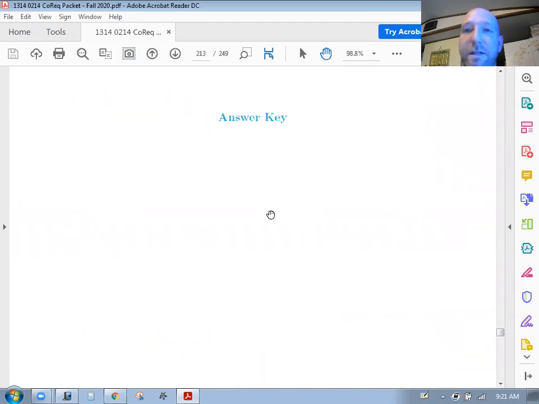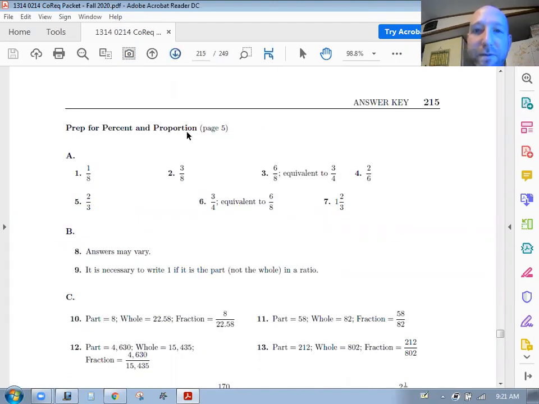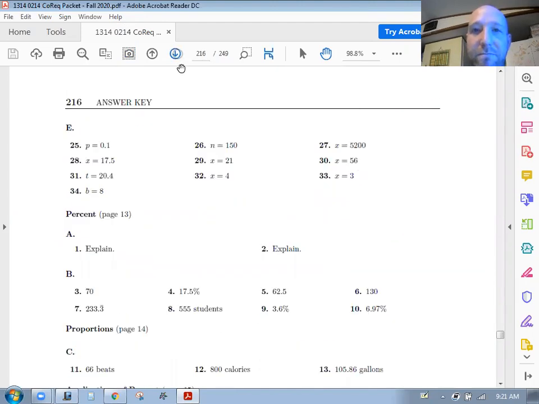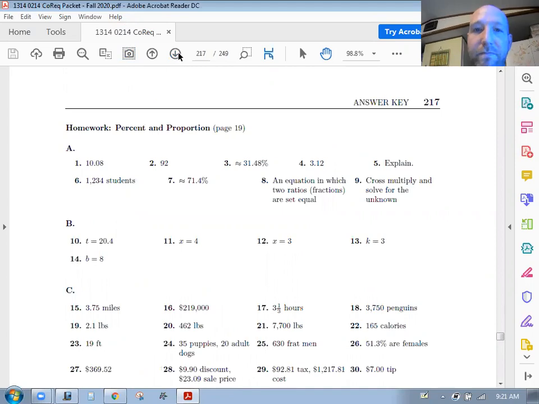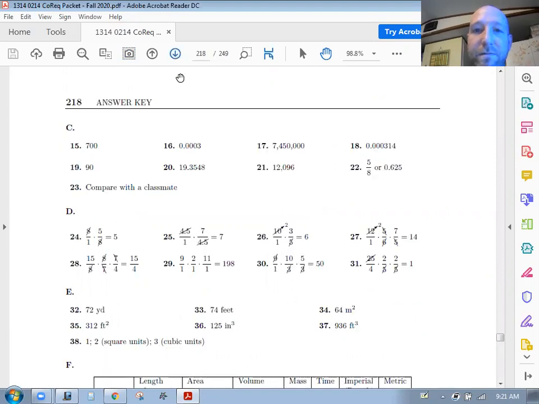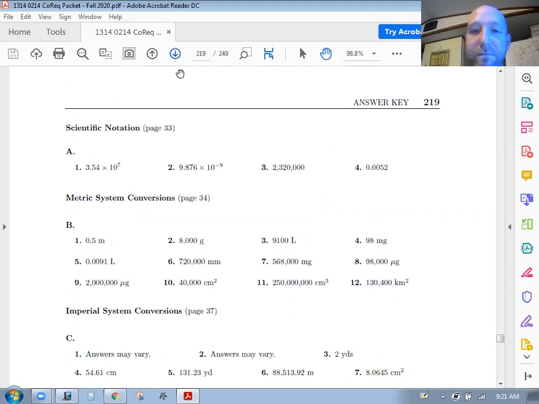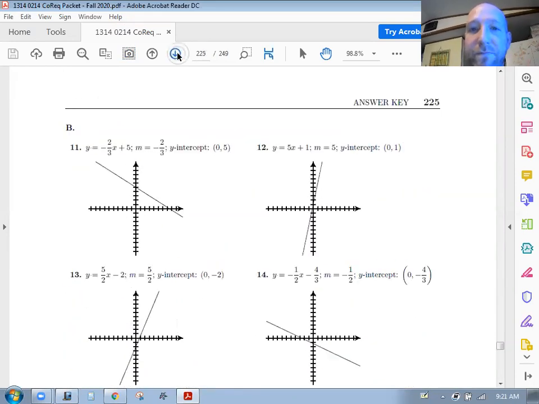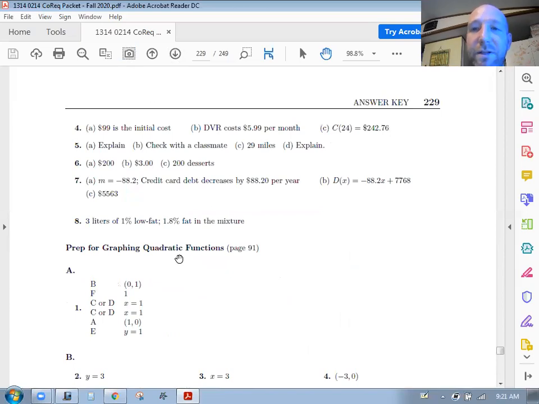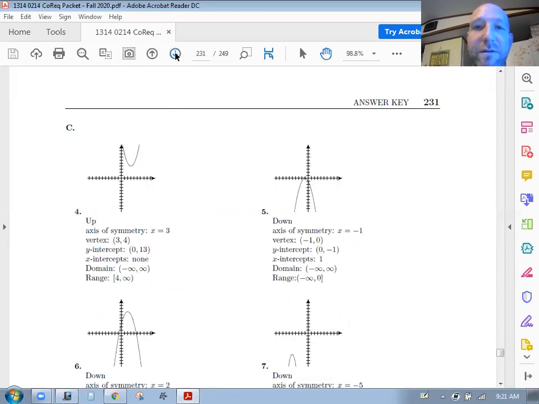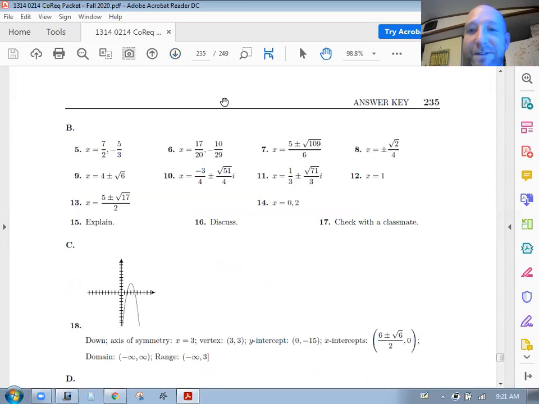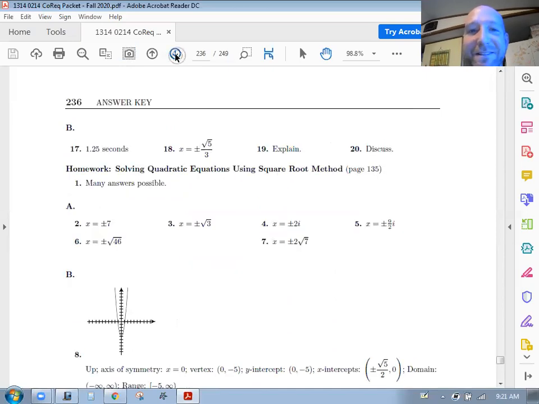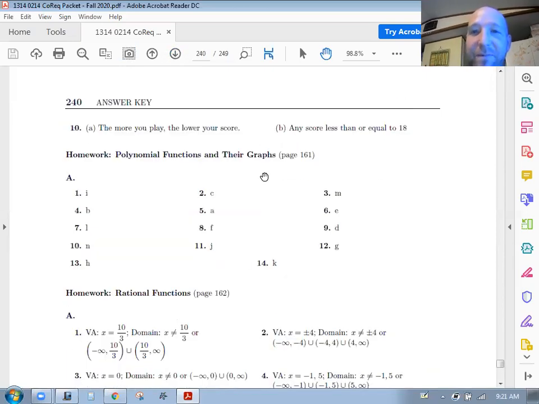And the answer key to all the homework, which is helpful. That's why whenever you turn in your exams and your quizzes, you have to show your work. You can't just write an answer down. Okay, but definitely use the answer key to check your answers.